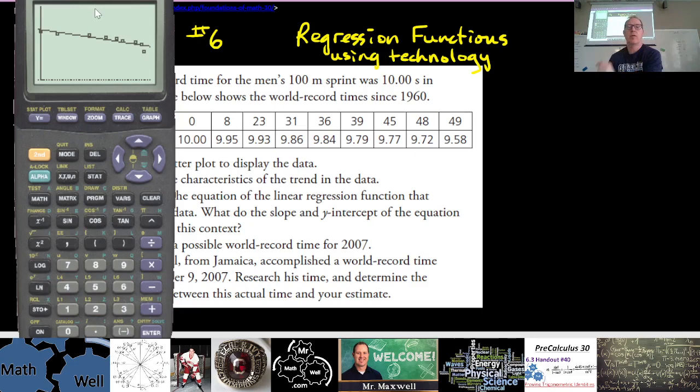Yes, but what does it mean? Let me restate it that way. What does it mean in the context of the question, without using all the math terms? What does that say about the times of the 100-meter dash sprint over these years?